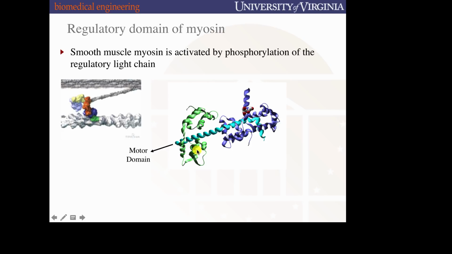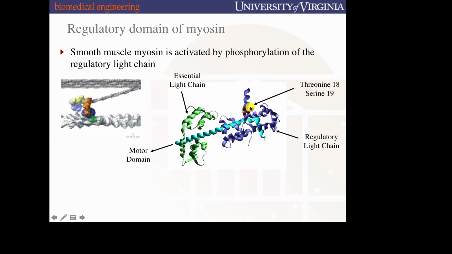If you remember about the essential light chain, this is a structural protein that helps position things in the right orientation. And now we're going to get a phosphorylation event. There's the essential light chain, regulatory light chain. We're going to get phosphorylation events on threonine 18, so that's the 18th amino acid in RLC, and the serine, which is the 19th position. Right, so threonine 18, serine 19 will be phosphorylated by those myosin light chain kinases.